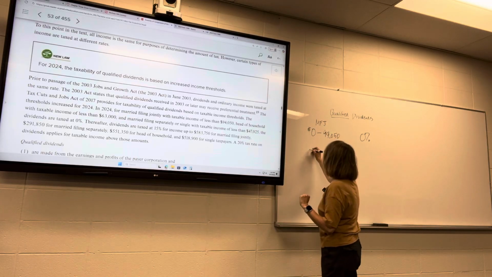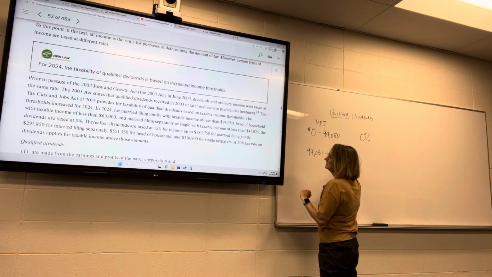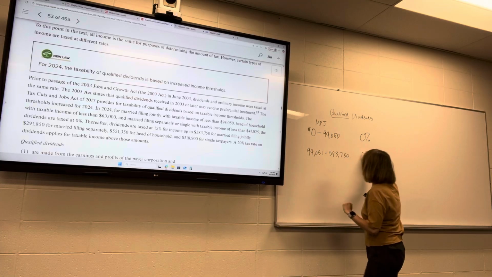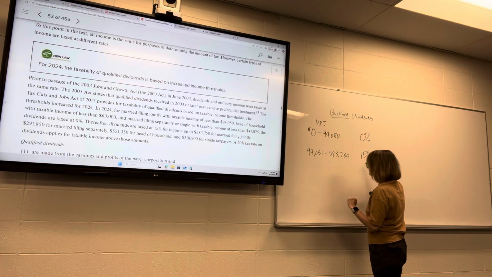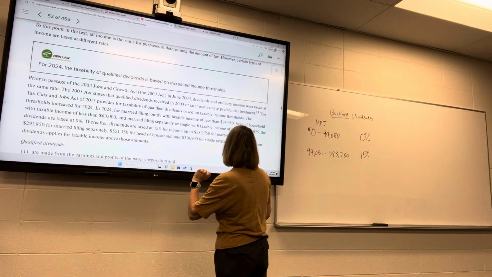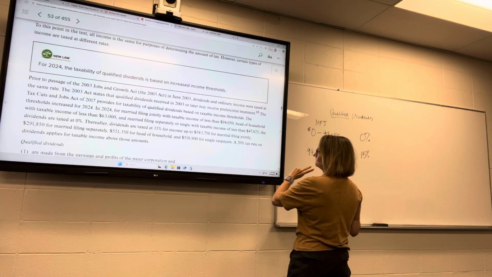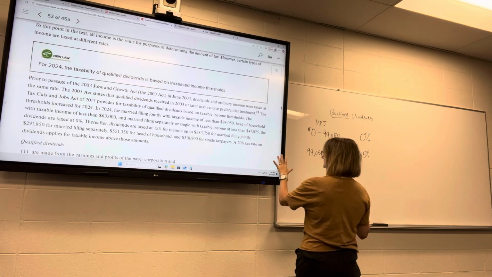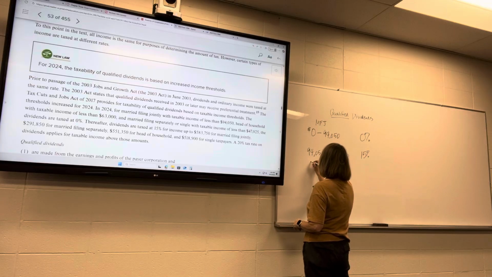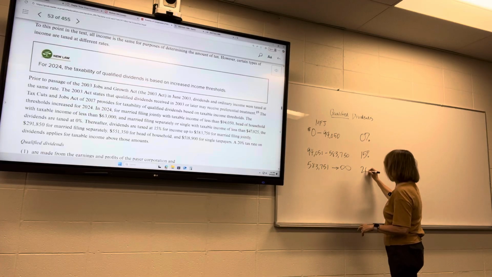So from 94,051 to 583,750, the tax rate is 15%. And then 583,751 to infinity, it's 20%.